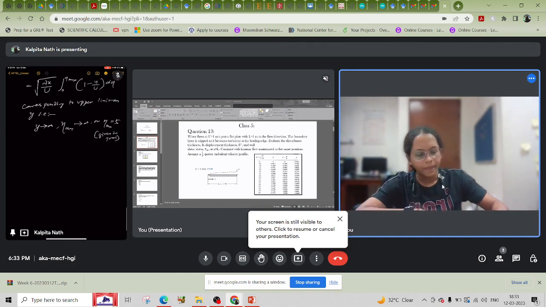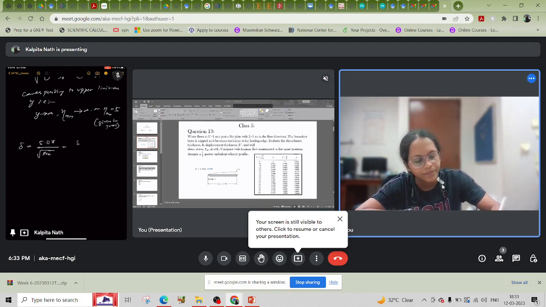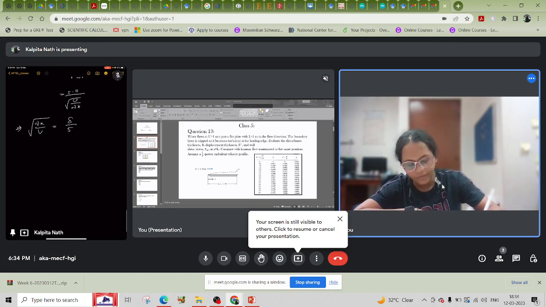Therefore we need to find delta now. Delta is 5.0 x by root over Reynolds number, already known for laminar flow. That is 5.0 root over u x by nu x, equal to 5.0 by root over u by nu x, or root over nu x by u is equal to delta by 5.